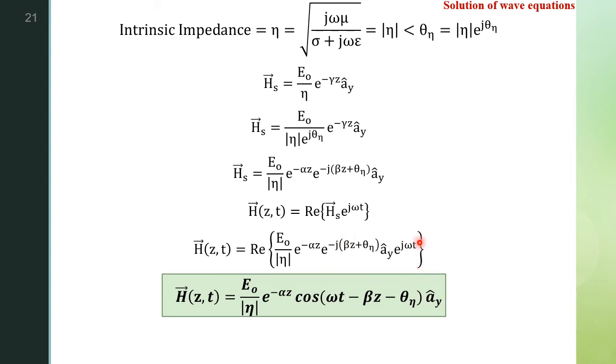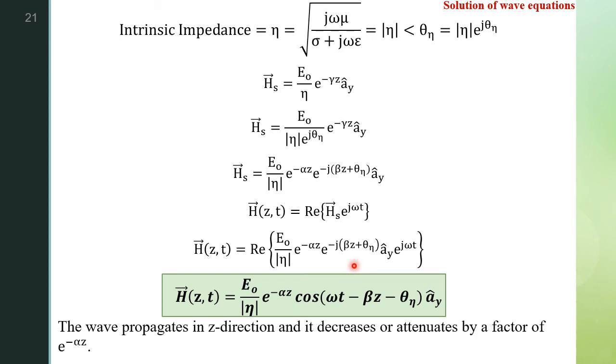When you consider the complex parameter, it is e raised to j omega t minus j beta z minus j theta eta. When you separate the real part, E naught by magnitude of eta e raised to minus alpha z is constant, so we take it outside. Ay cap is also outside.